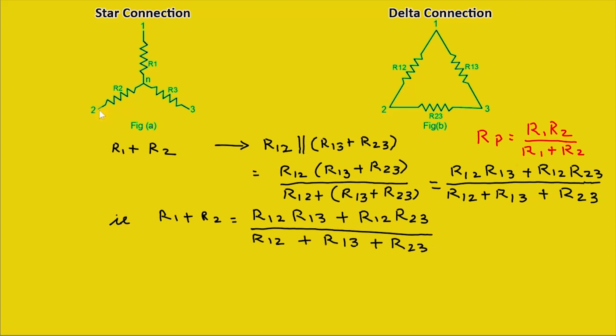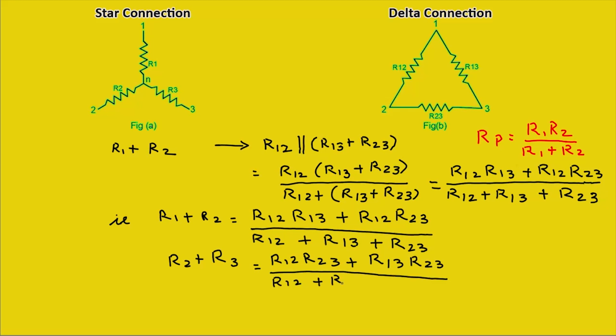Similarly, for node pair 2 and 3, R2 plus R3 is equal to R12 R23 plus R13 R23 divided by R12 plus R13 plus R23.